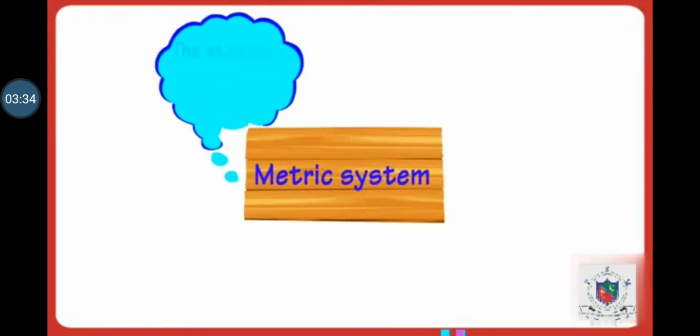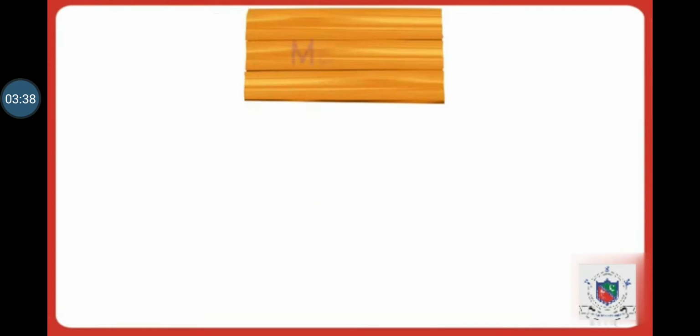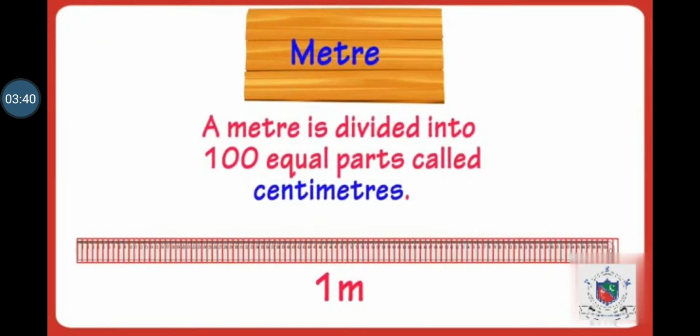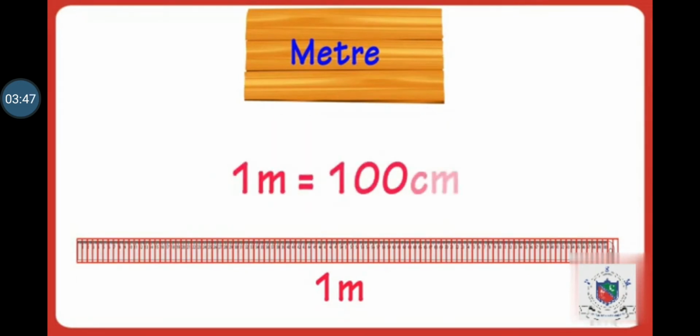My dear students, let's learn all these concepts by using some examples. As in the metric system, the standard unit of length is meter. So you can see this ruler, a meter is divided into 100 equal parts. In 1 meter, there are 100 centimeters.